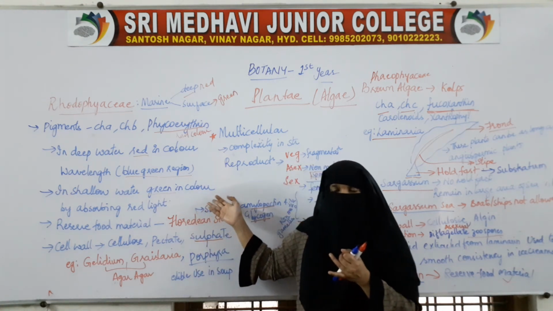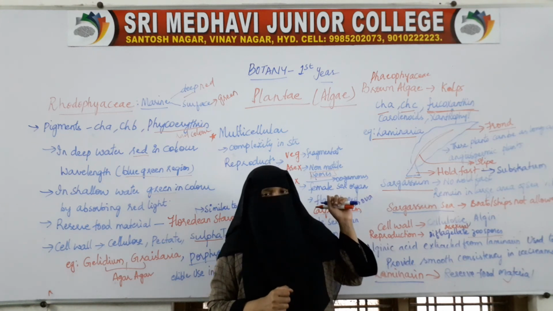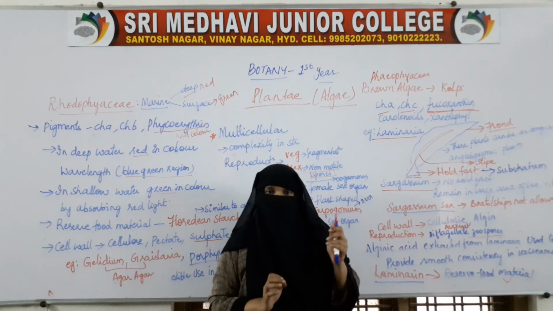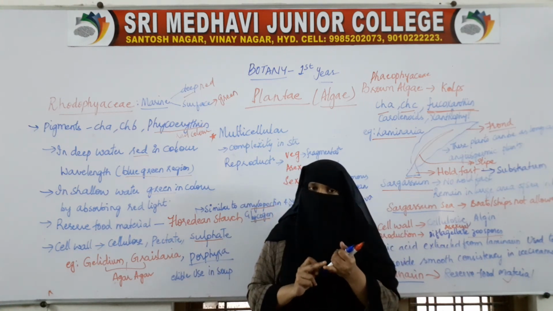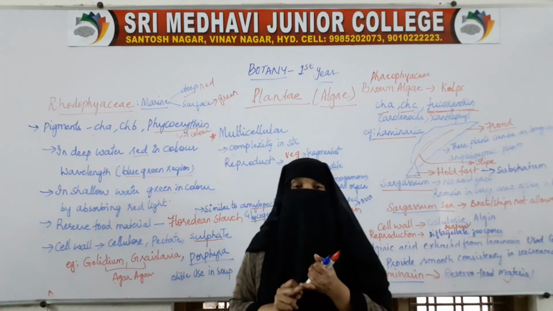In Rhodophyceae asexual reproduction is by non-motile spores, while in Phaeophyceae it is by motile spores. The common thing is that sexual reproduction is by formation of gametes, which are oogamous.